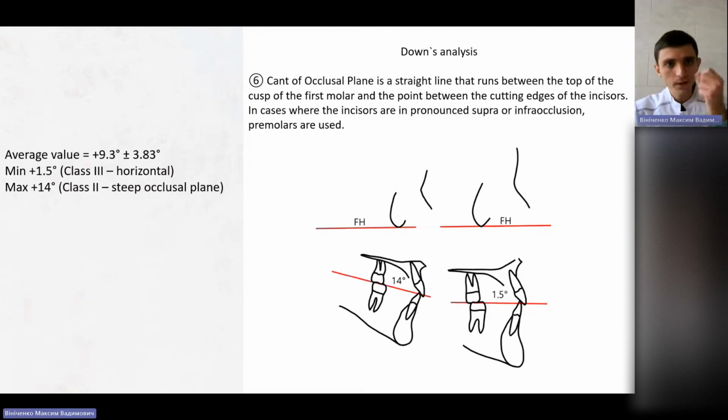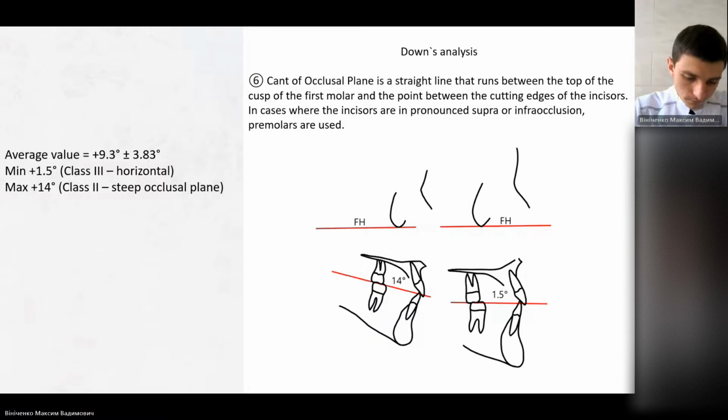If the cant of the occlusal plane in our patient is normal, we need to support its value. If the patient has a class 3 or a class 2 steep occlusal plane, we need to level this curve of Spee and rotate it to the normal value, if it is possible.